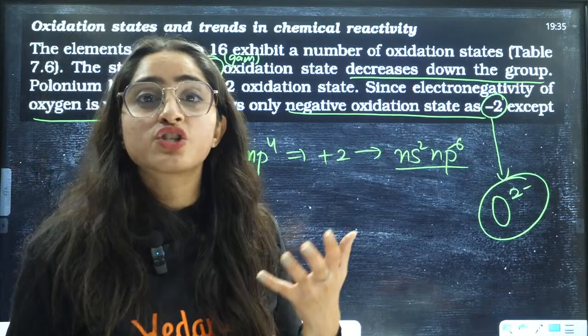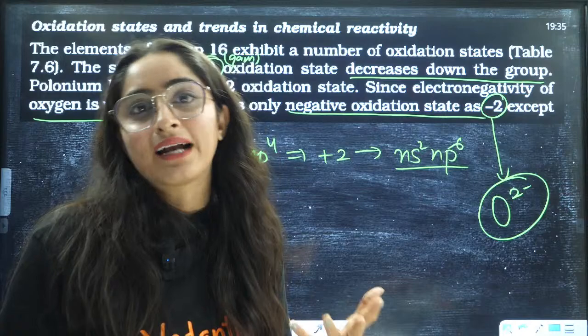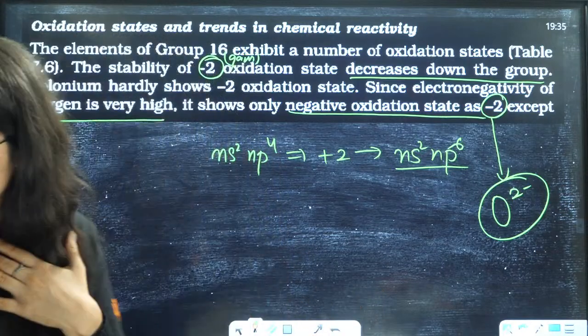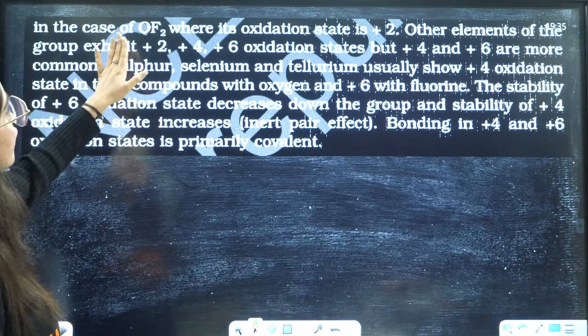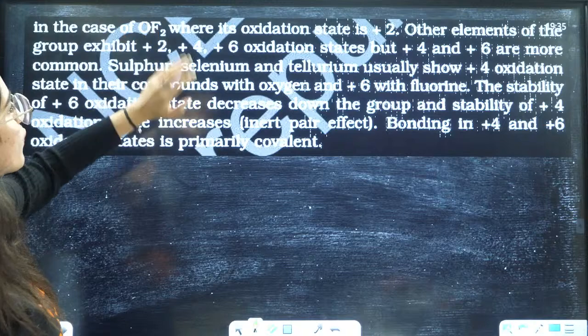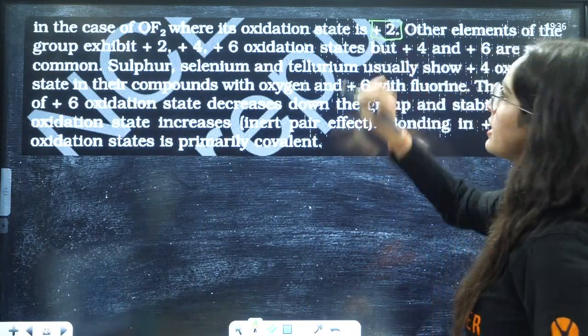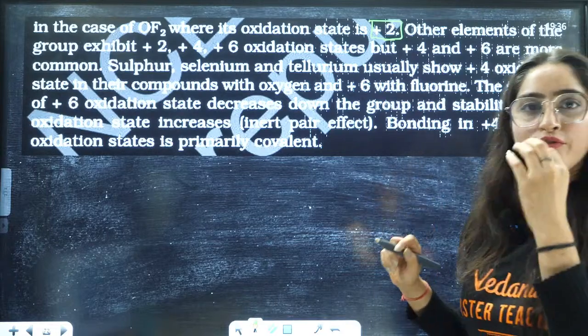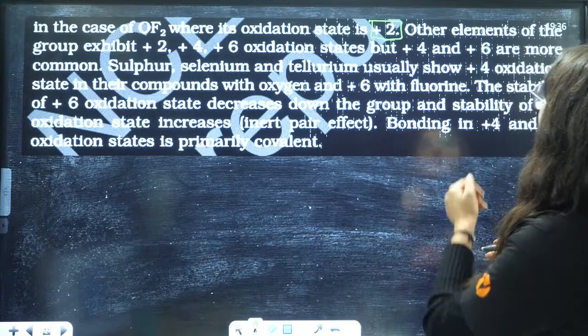The electronegativity of this oxygen is very high. That is the reason. Okay? In the case of OF2, where its oxidation state is +2, right? Now, why? Because fluorine is more electronegative as compared to oxygen, right? So that is the reason.